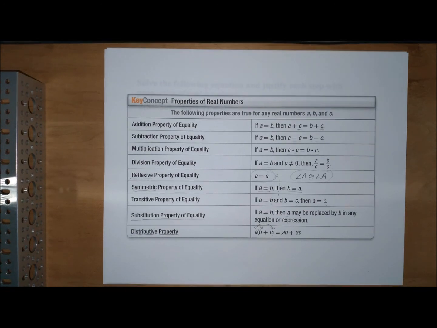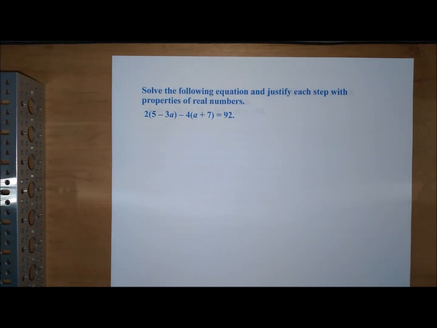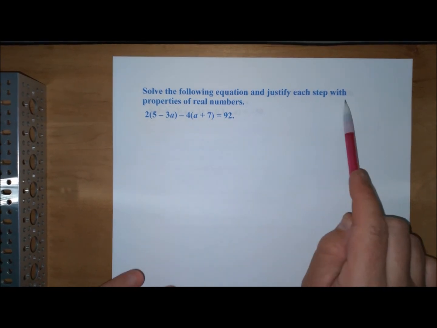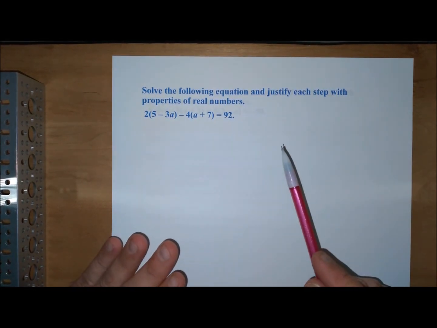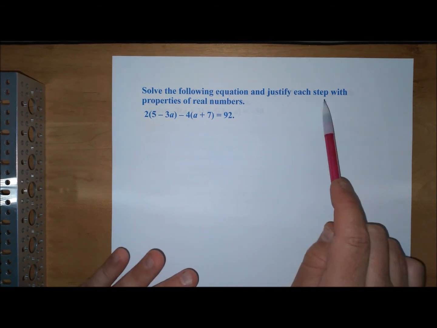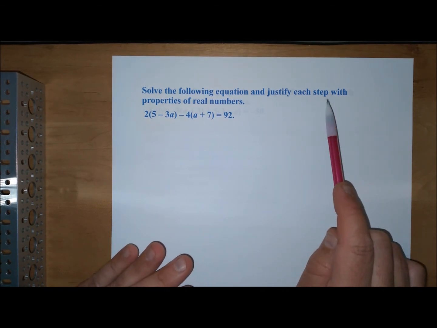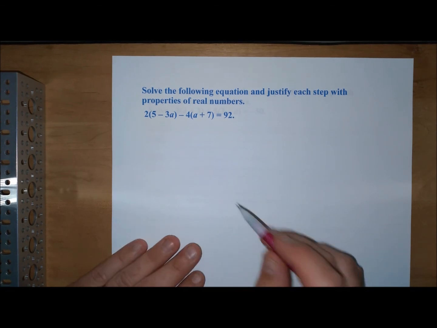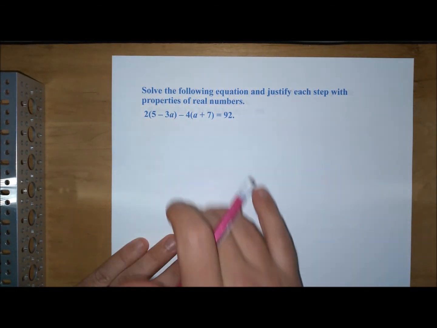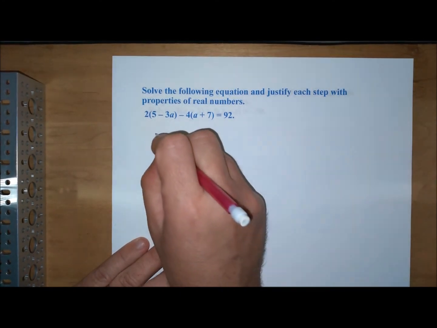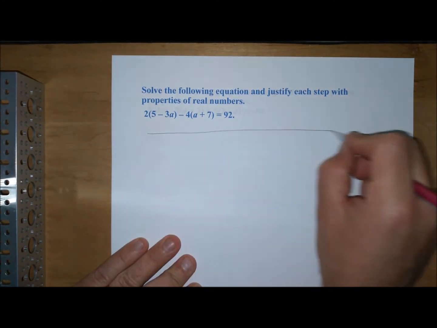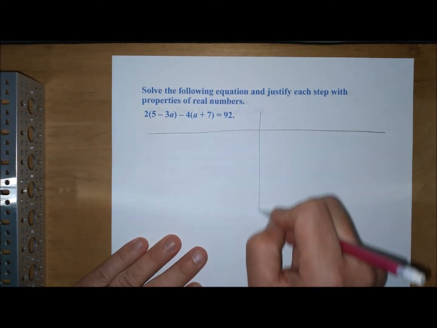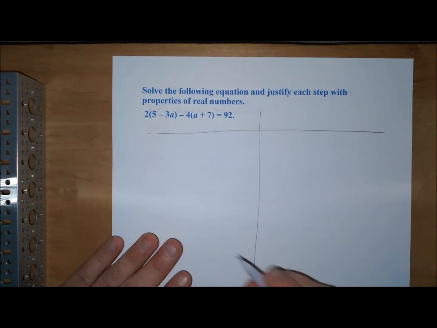Let's try it. All right, in this problem, they want us to solve the following equation and justify each step with properties of real numbers. So basically, this is saying they want us to do an algebraic proof. Now, when we get into our two-column proofs in geometry, we're going to have a column of statements and a column of reasons. In our algebraic proof, you could call them statements and reasons.